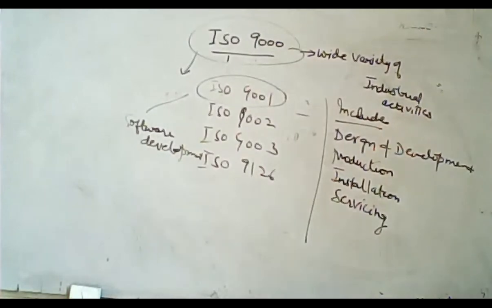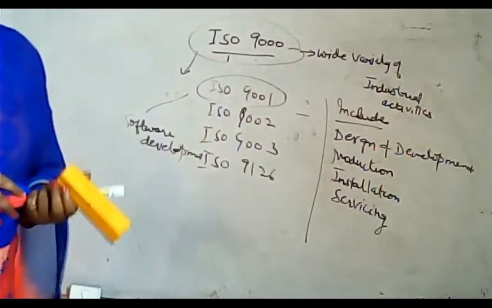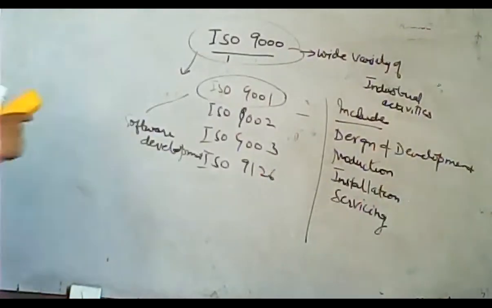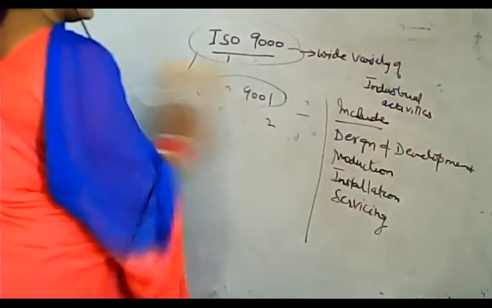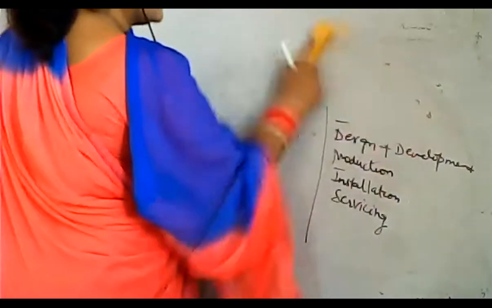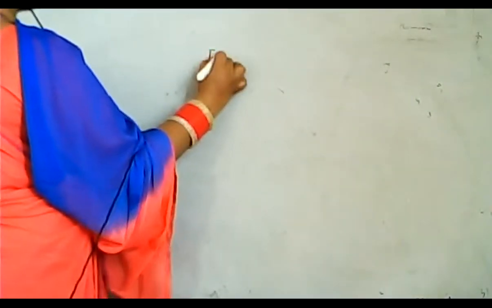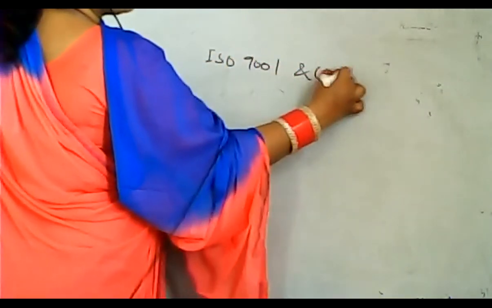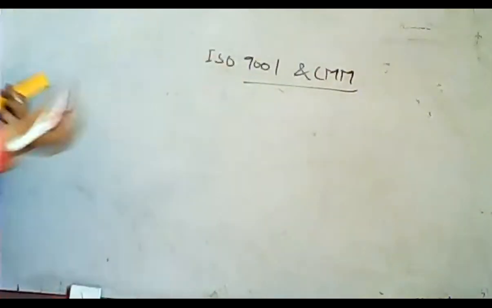So when we do mapping between ISO 9001 and CMM, the mapping shows what things are related in ISO 9001 and CMM, because both are quality assurance standards.